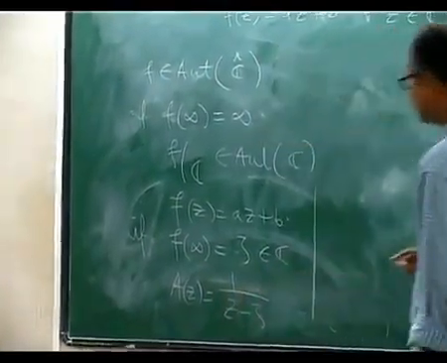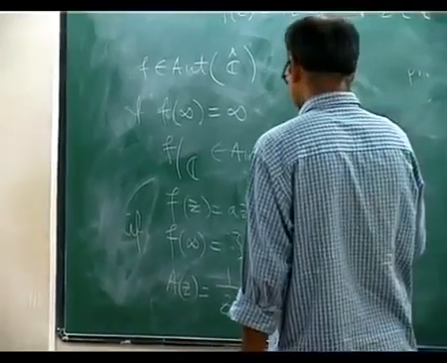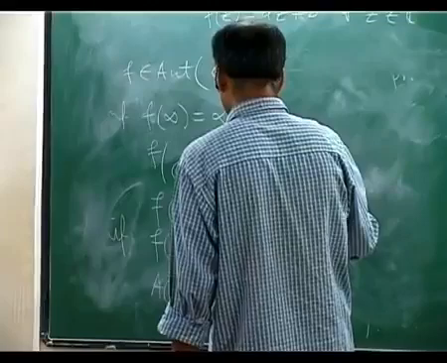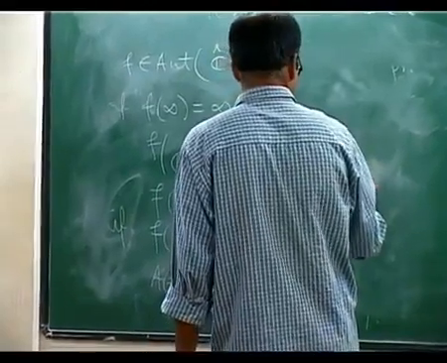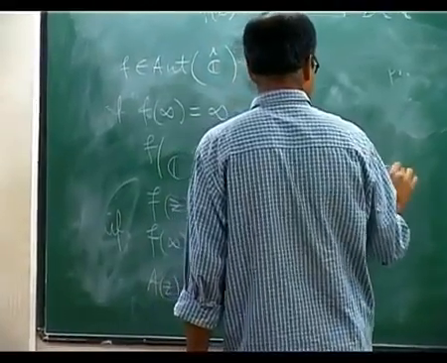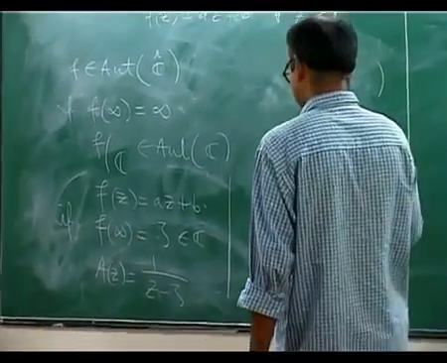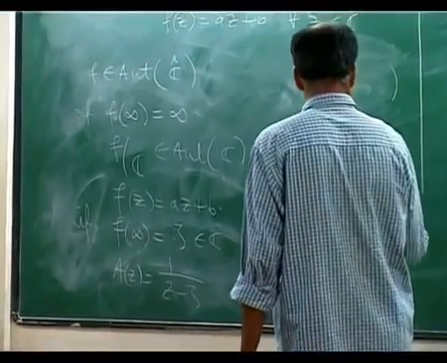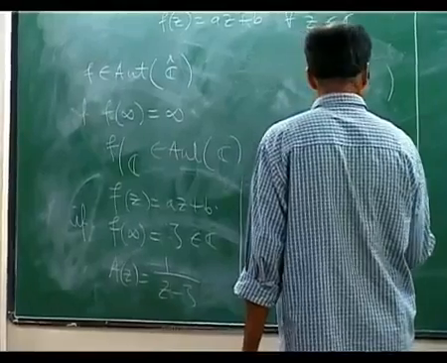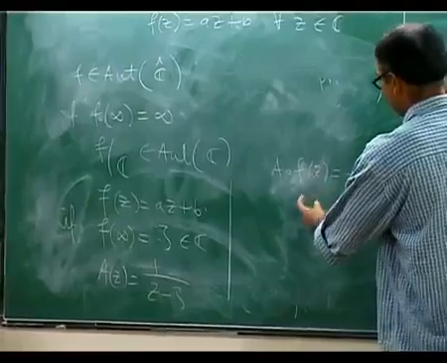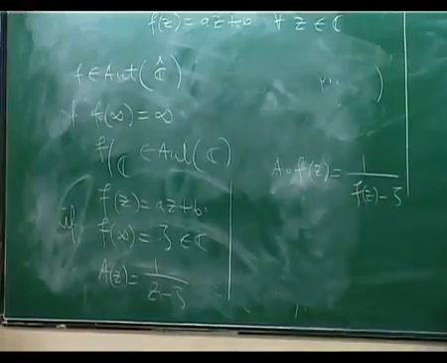So I take a map like this, and then when I compose, A composed with f(z) is going to be, so then this takes infinity to infinity.